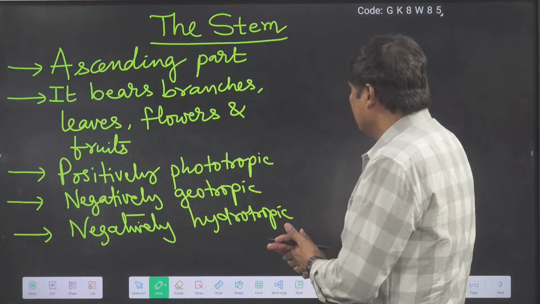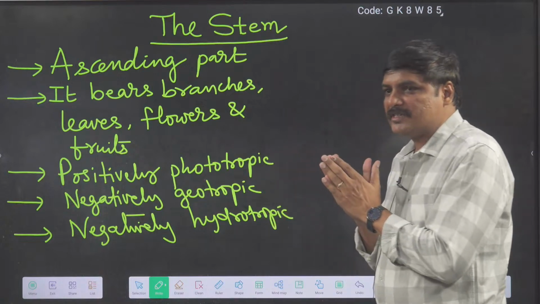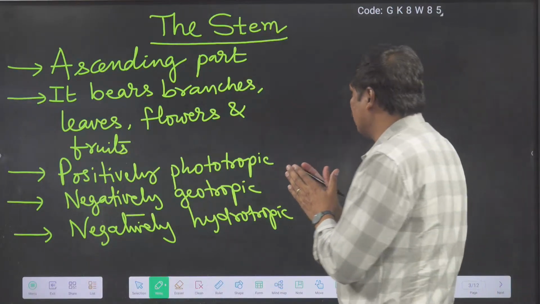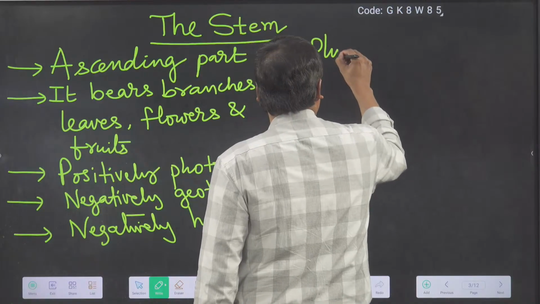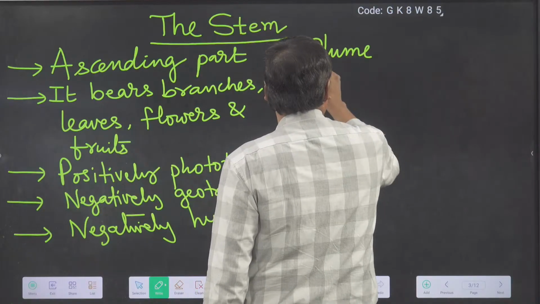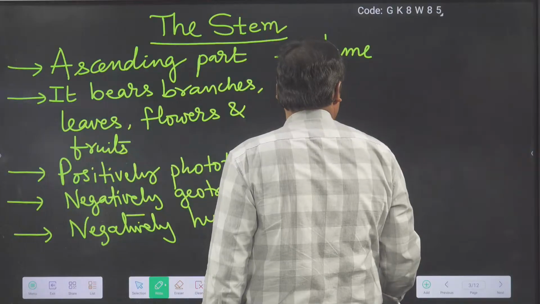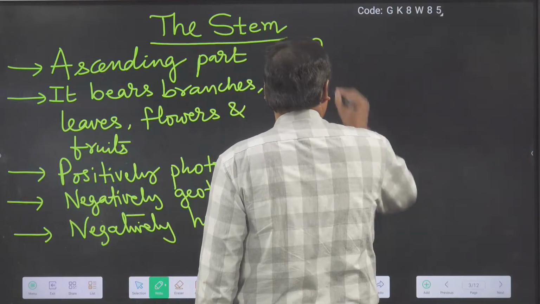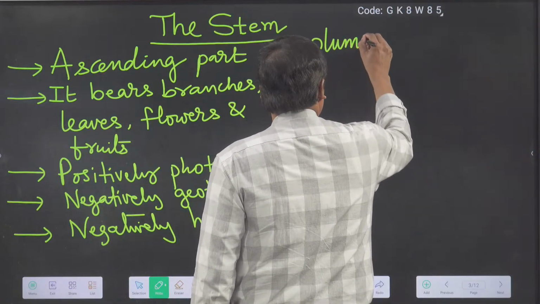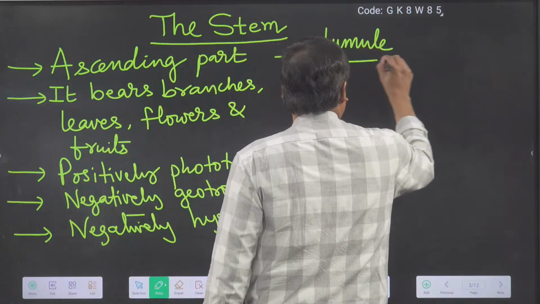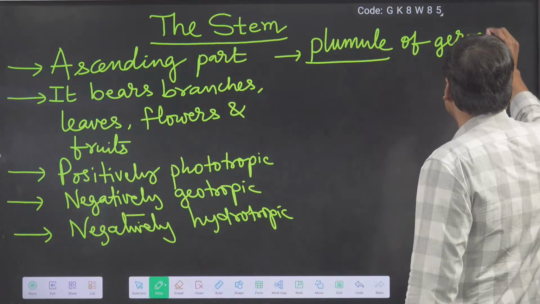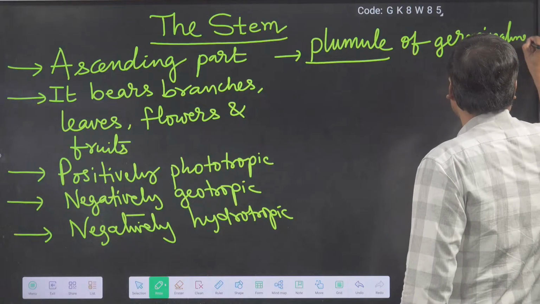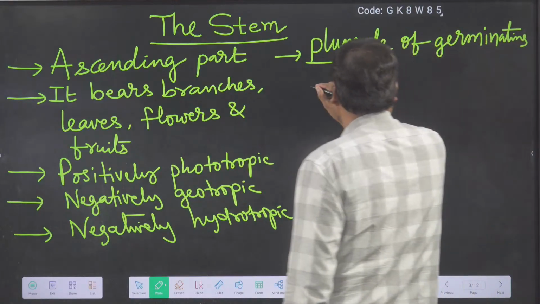Next, the shoot system is formed from the plumule of the germinating seed.